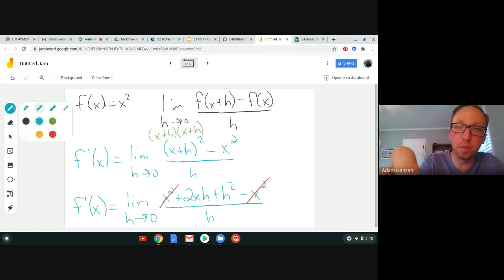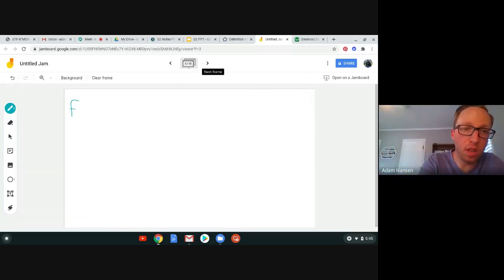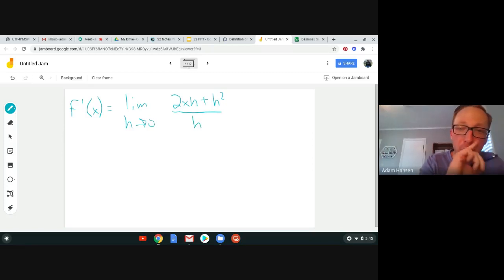Let's keep working here. f prime of x equals the limit as h goes to 0 of 2xh plus h squared divided by h. All right, let's look again. Is there anything else that I can simplify? Notice that these three terms all have a value of h. So I can divide that out.